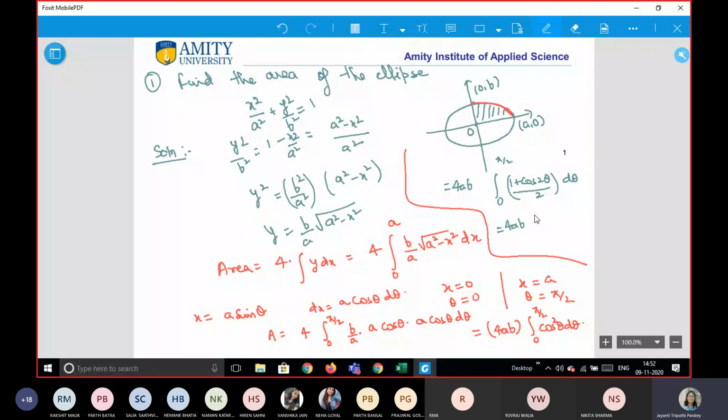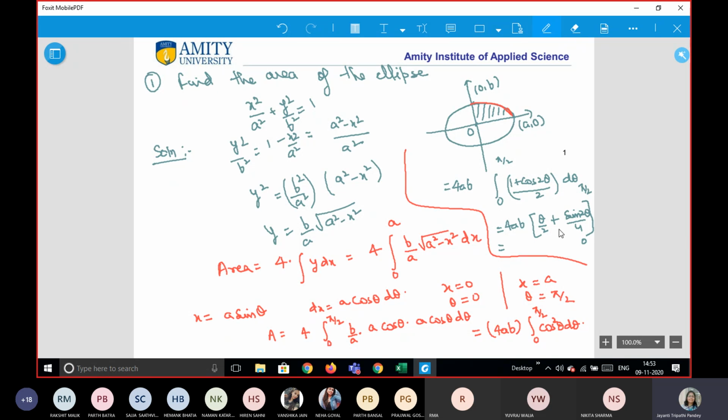This is 4ab. Now I'm integrating: theta by 2 plus sine 2 theta by 4, and the limits of theta are 0 to pi by 2. Now substitute and see what you are getting.